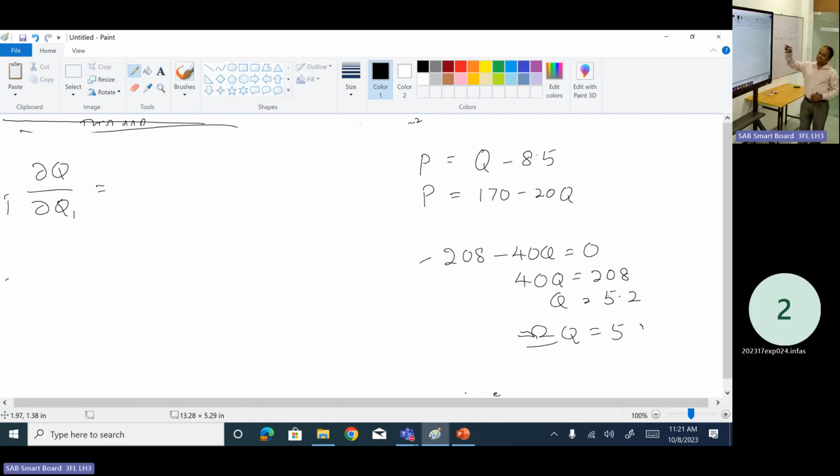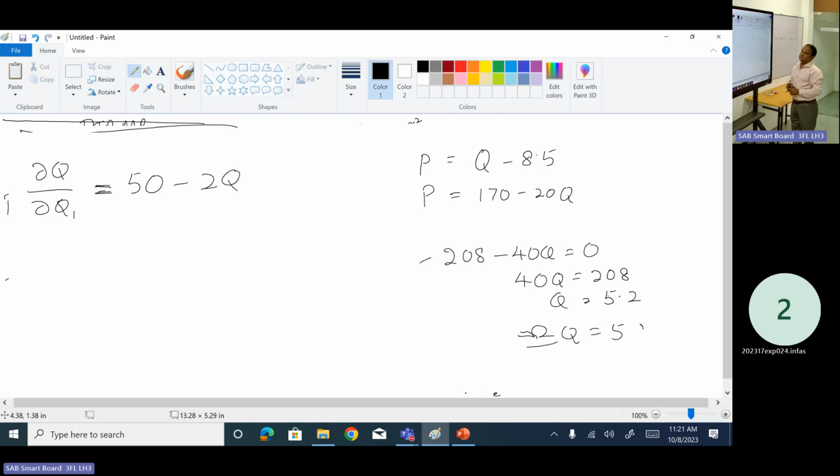This is the marginal profit function for product 1. If you differentiate the profit function in terms of Q1, what is the answer we got here? We have 50 minus 2Q1.